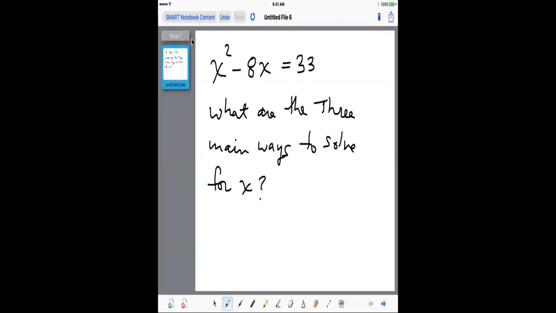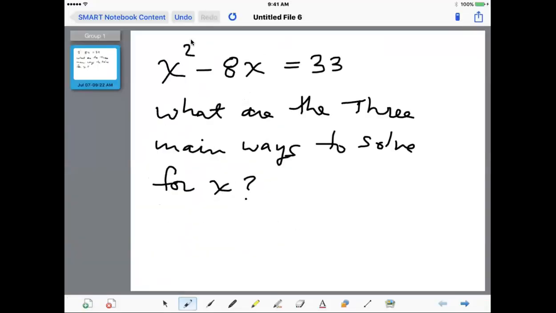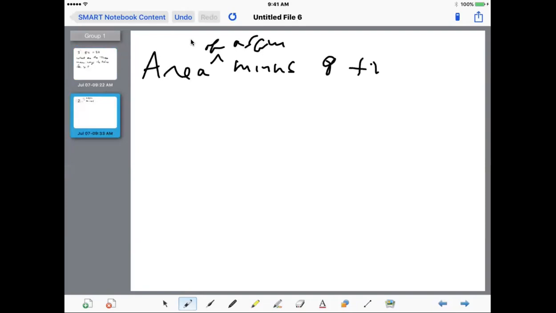Now, they would write this question sometimes as a word problem. They might say something like this: the area minus the area of a square minus 8 times the square side is 33.